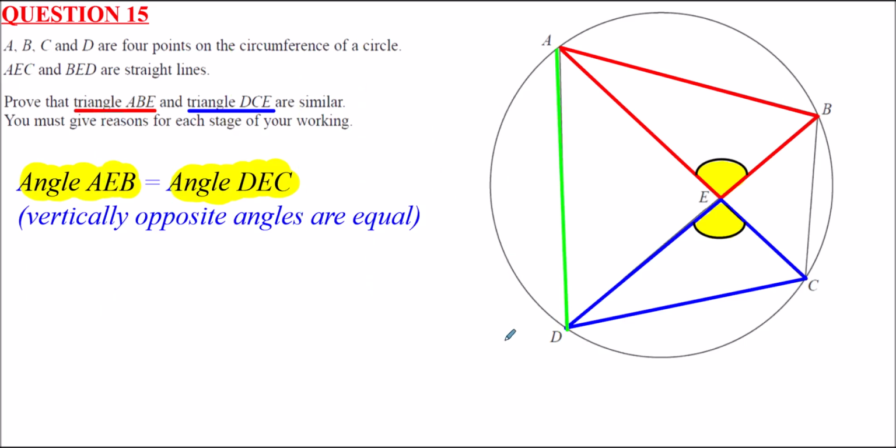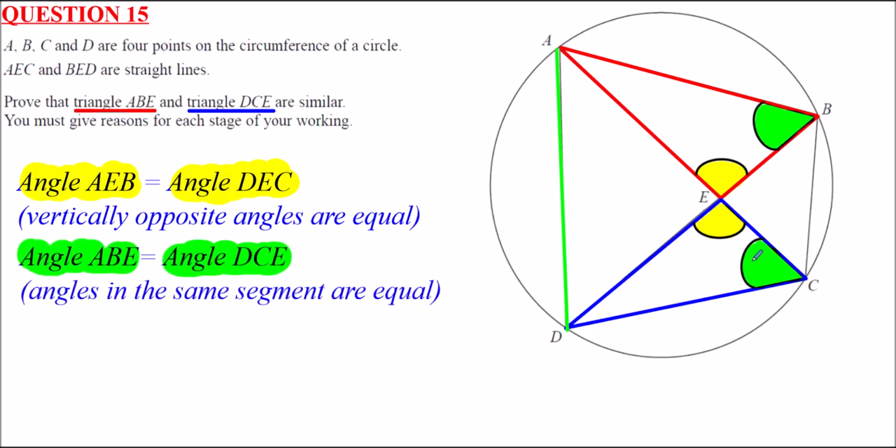So if I now imagine the chord AD and the angles which are coming from this chord. From AD, I've got this angle here at B, from that triangle here, and I've got this angle at C as we go from A to C and back to D. Now it's a circle theorem that tells us that this angle here at B will be the same as this one here at C. And the circle theorem for that, you need to know, is called angles in the same segment are equal.